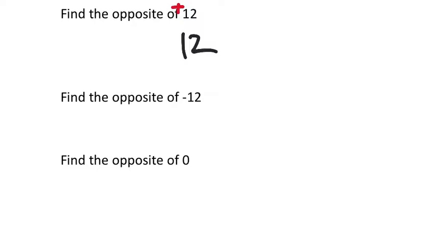If I wanted the opposite to that though, then I would make it a -12. So once again, the number doesn't change, it's just the sign does with opposites. Or if I looked at -12, its opposite would be 12 still, but the sign changes from a negative to a positive. And we don't usually show that positive symbol there, so it would just show us 12.